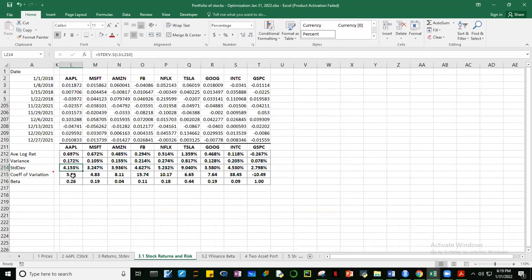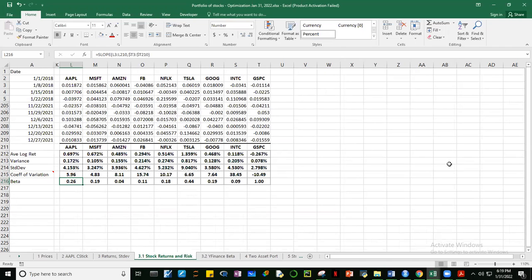And then we learned how to compute also for the coefficient of variation and then the beta. We said that the beta is the sensitivity of the stock relative to the market. Now, medyo off yung mga beta natin kasi sabi natin ang beta is a measure of the sensitivity of the stock as compared to the market.